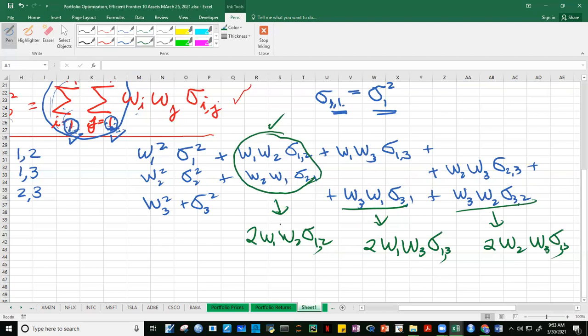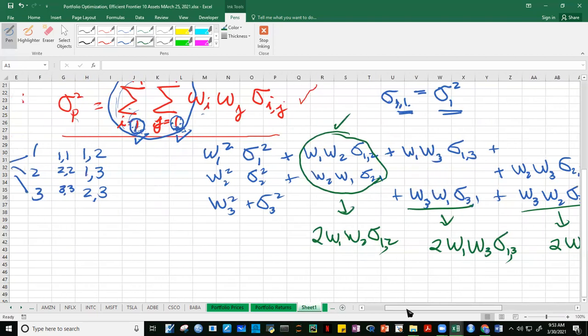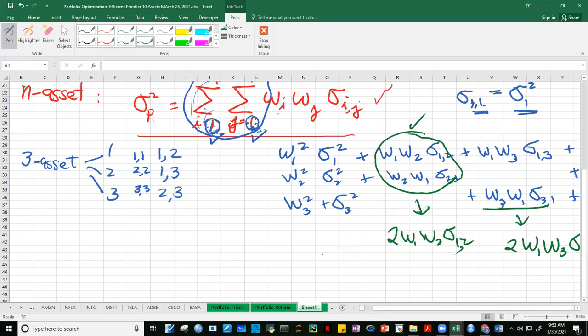Okay. So the risk of a 3-asset portfolio will be equal to ano na siya?